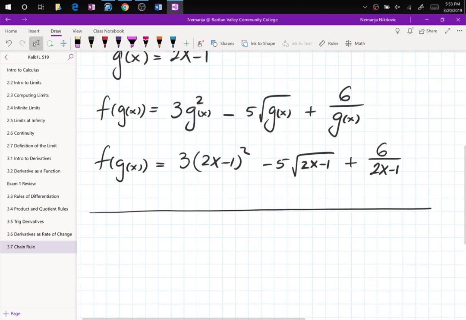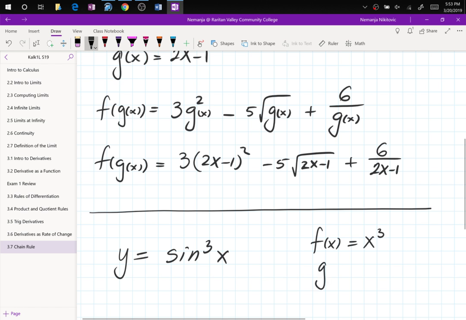So if I have that the function y is given to me as sine cubed of x, I need to be able to decompose this to understand that the outer function f of x is x cubed and the inner function g of x is sine x.